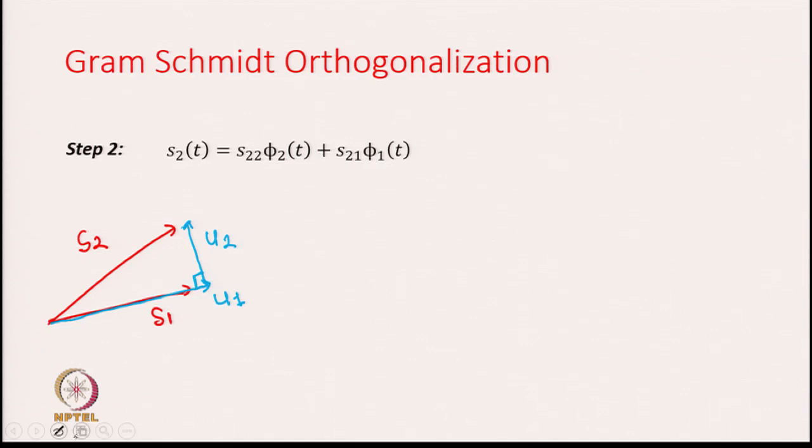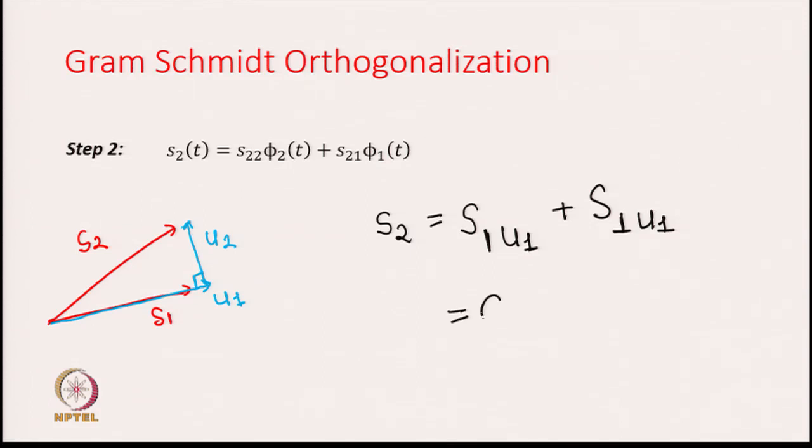We have already learned in one of the previous lectures that if you have a vector, you can decompose it in terms of a parallel component and a perpendicular component. So, I have a parallel component to vector u1 and a perpendicular component to vector u1. So, I have some constant C times vector u1 and some constant D times vector u2, because vector u2 is perpendicular to vector u1.